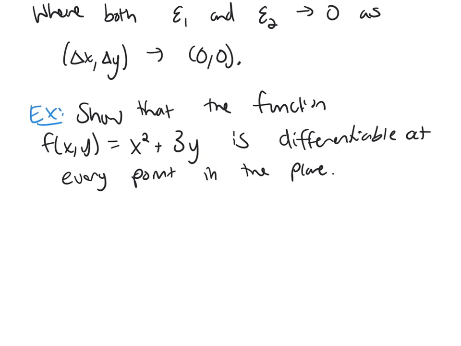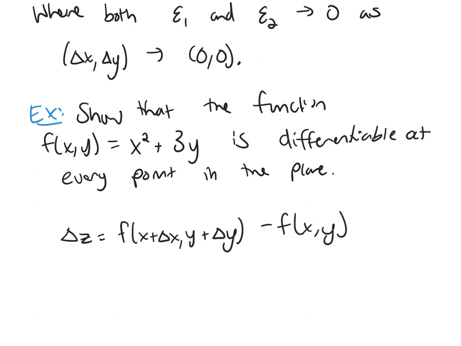So we're going to start with delta z. The formula for delta z is that it's f of x plus delta x, y plus delta y, minus f of x y.